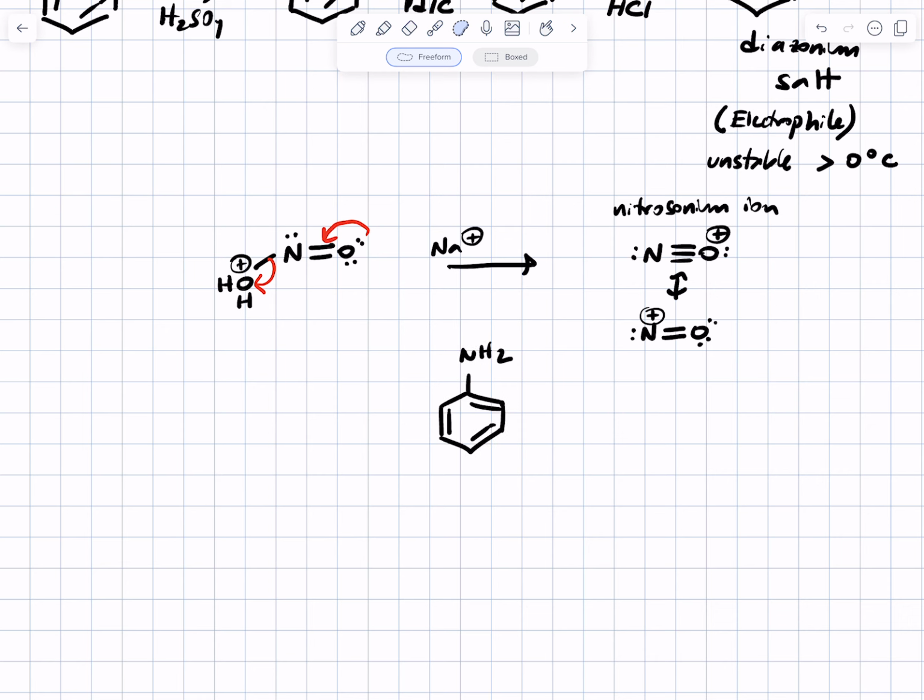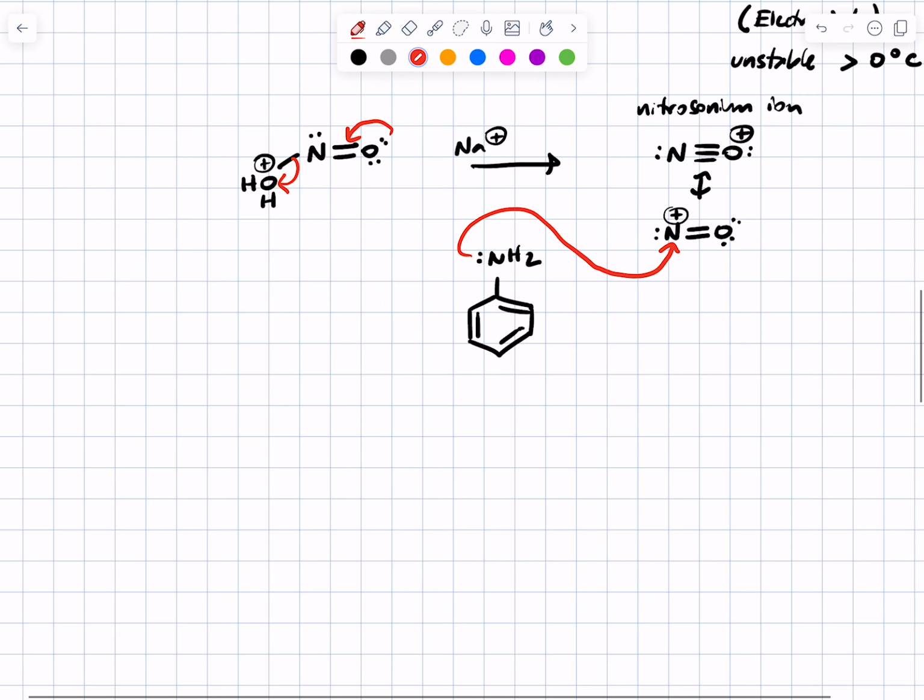So what happens next is that the lone pair electrons on the aniline nitrogen will attack the nitrogen of the nitrosonium ion, making a new nitrogen-nitrogen bond, all right? So here's what we've got.